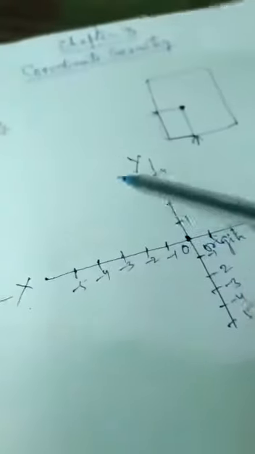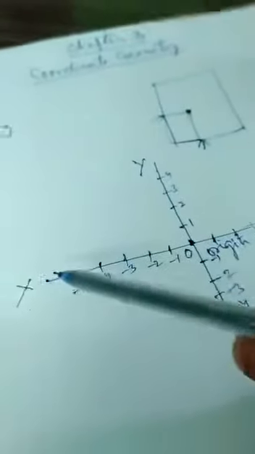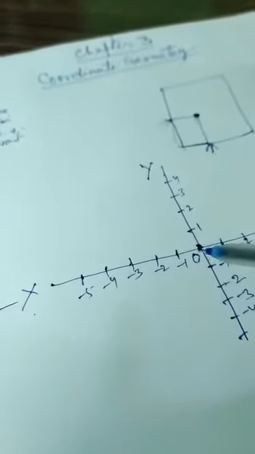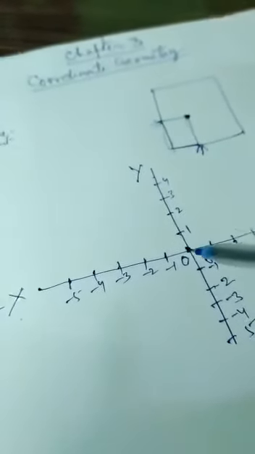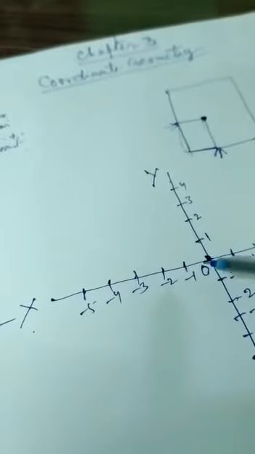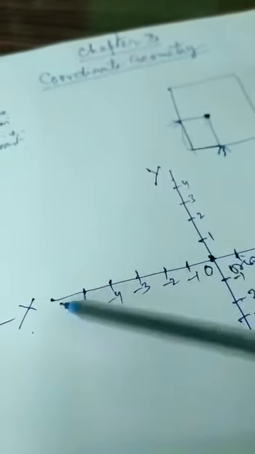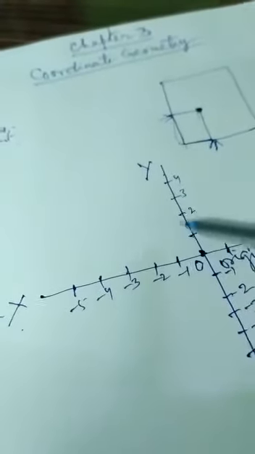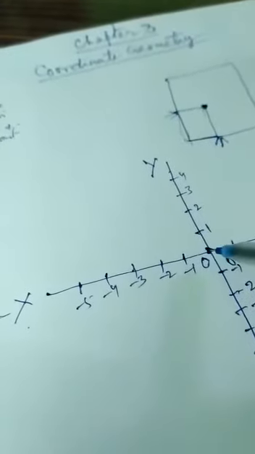So the x-axis and y-axis cut perpendicularly at the point O, which is called the origin, and the origin is written as (0, 0). The position of this point is 0 from the x-axis and 0 from the y-axis.